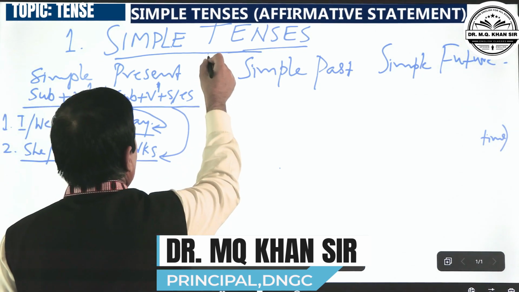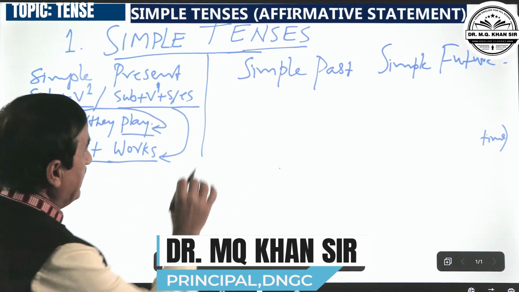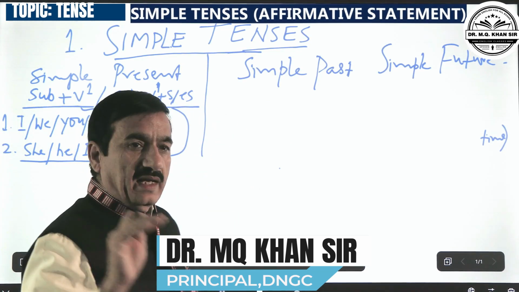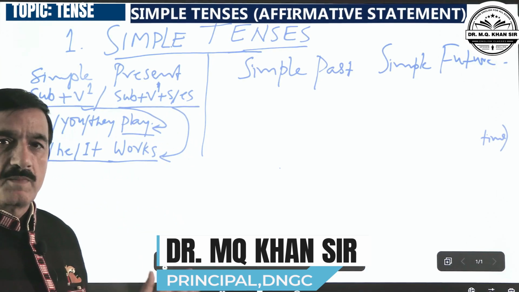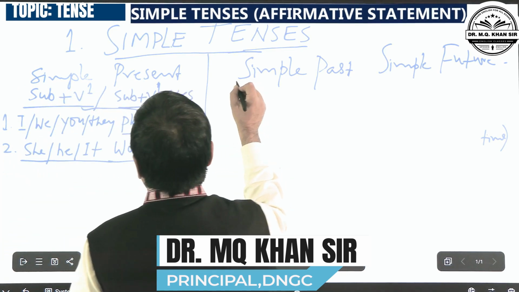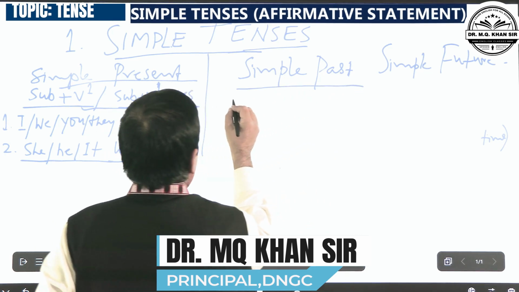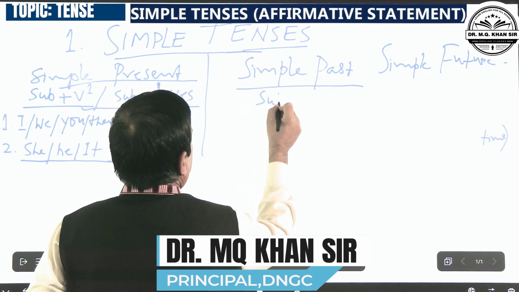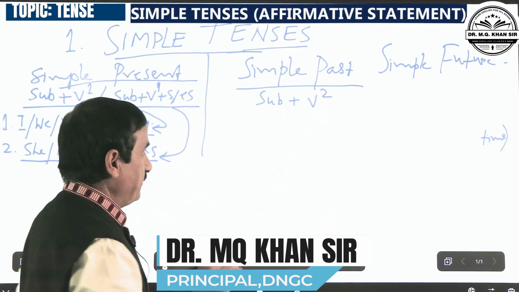Now make past of it. So past, simple past. Here, whatever be the number or person of the subjects, you will follow the same formula, that is subject plus V2 in affirmative.